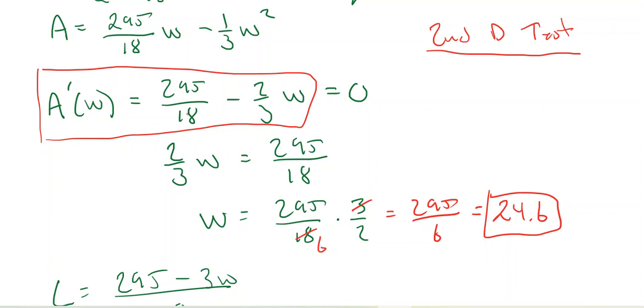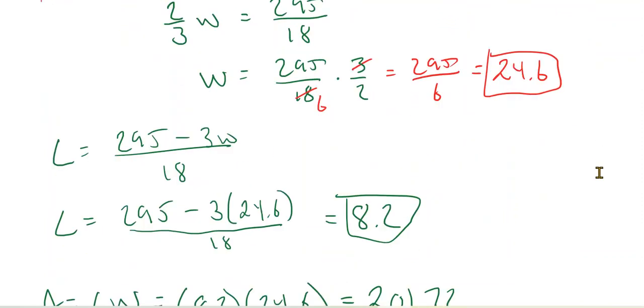Well, the derivative of a constant is 0, so this just becomes negative 2/3. So the second derivative is always negative. In other words, it's always going to be concave down, which means we have no choice but to have a maximum. So we have found the dimensions that will give us the maximum area.